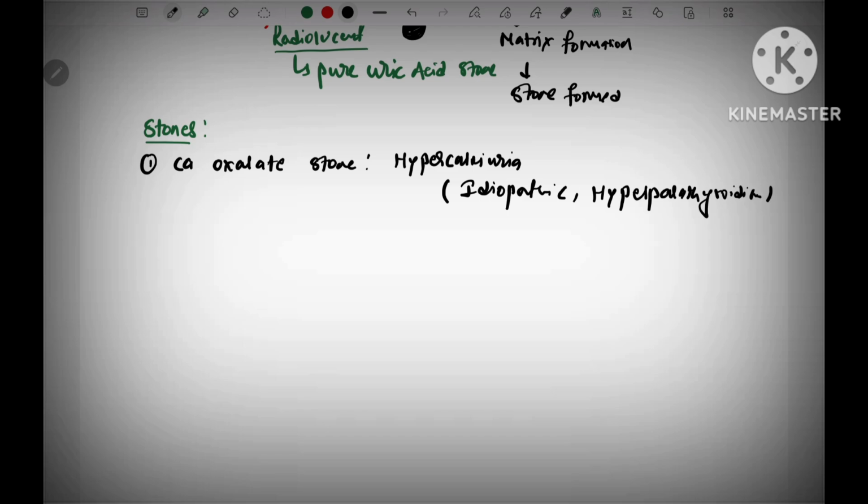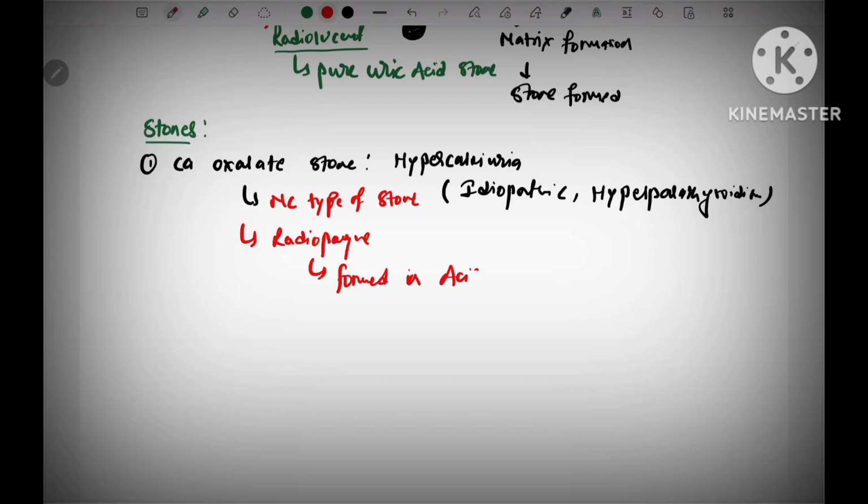This is the most common type of stone. It is radiopaque, and it is found in acidic urine.